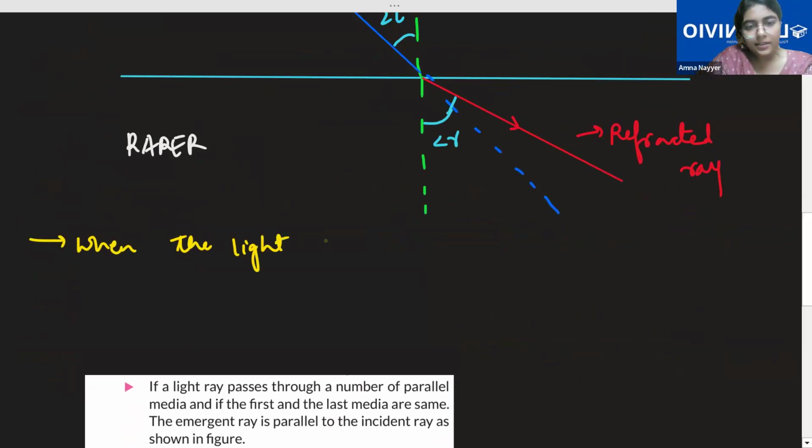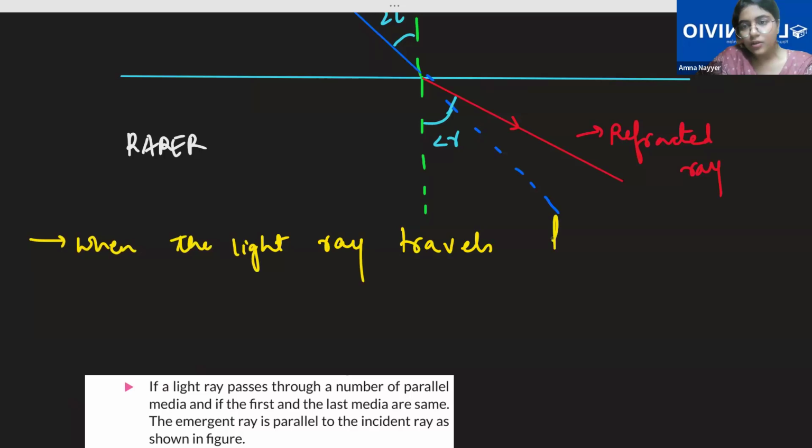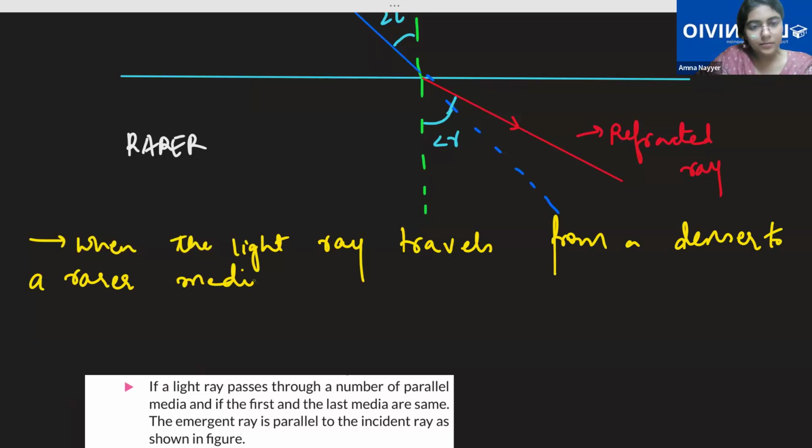When the light ray travels from a denser, meaning optically denser, to a rarer medium, the refracted ray bends away from the normal. This part was actually there in your 10th also.